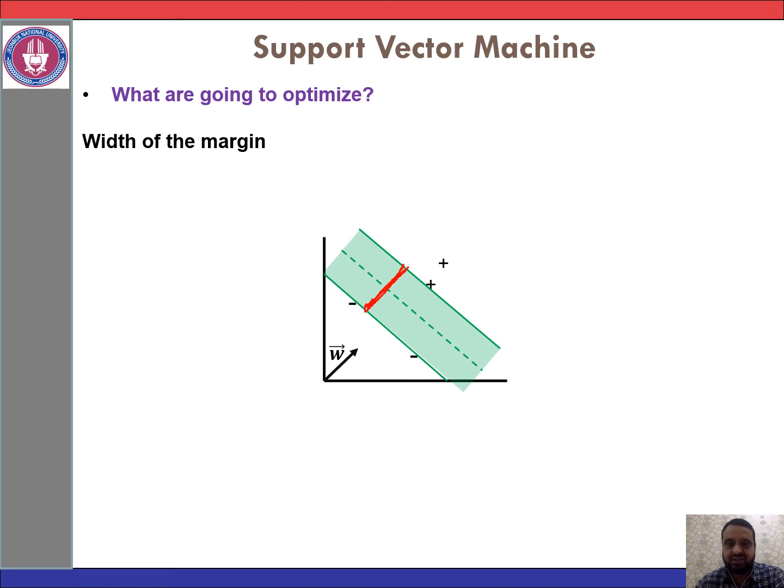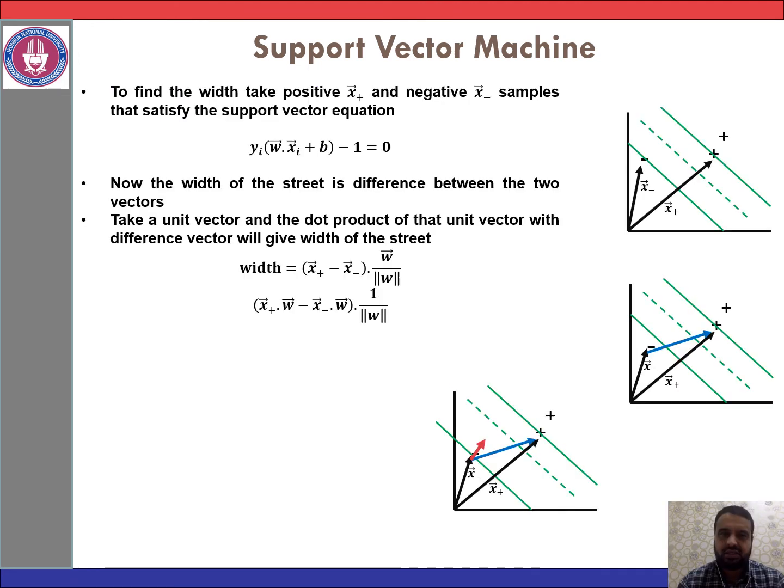We will now come to the point of the optimal stream for classifying the positive samples from the negative samples, and in the next slide our focus will be on the optimization of the stream for classifying the different class samples. The objective of support vector machine is to maximize the width of this stream.